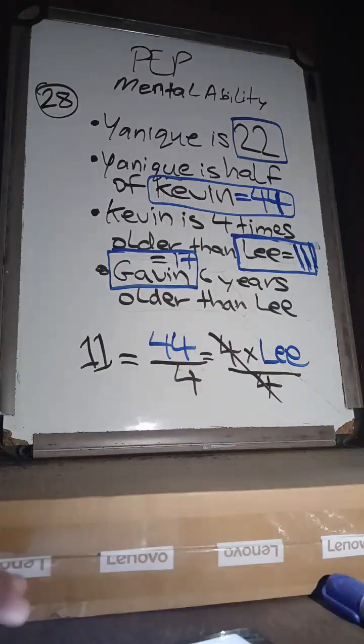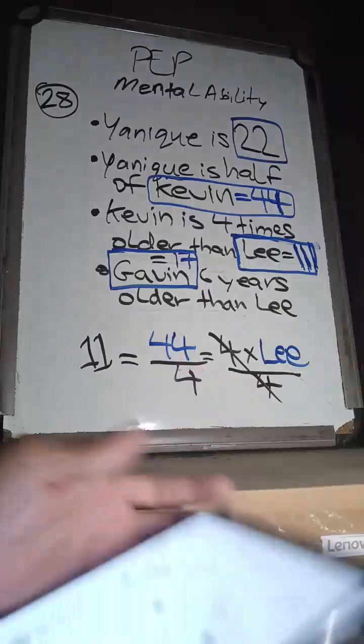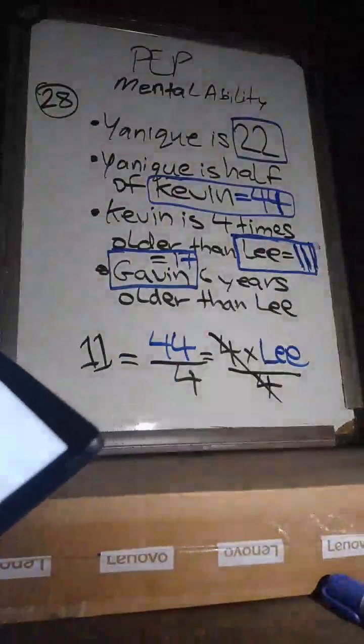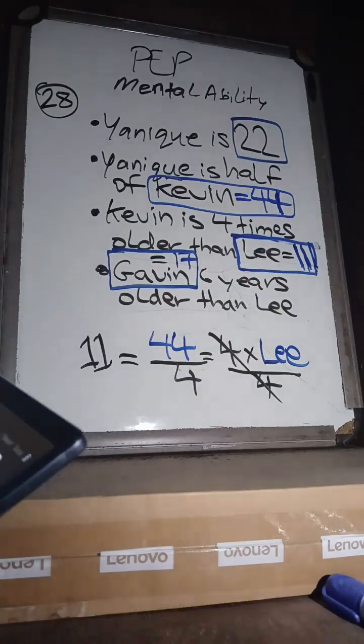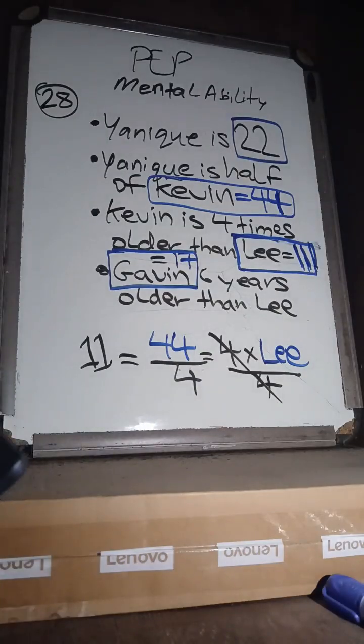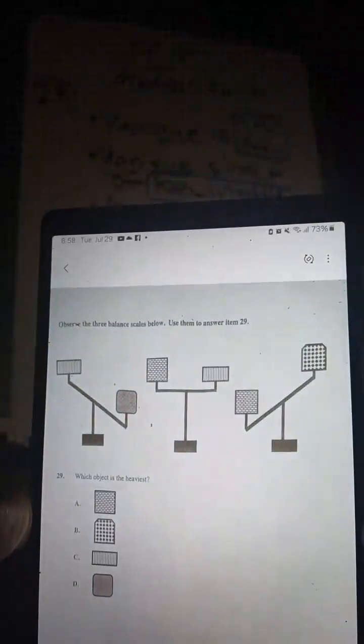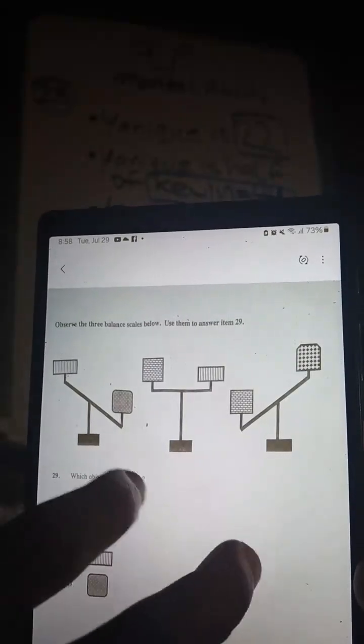Let's see what else we have. Oh, hold on. This question, number 29. We have to use what I call them good for this one, right? Let me see. Alright, hold on.